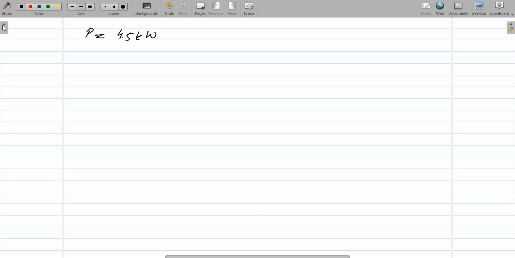So in the free body diagram, I've just used a line. So this is the line. We have point A, point B, point C, and point D. If you see the problem statement, point A contains the bearing, so we call it B1.